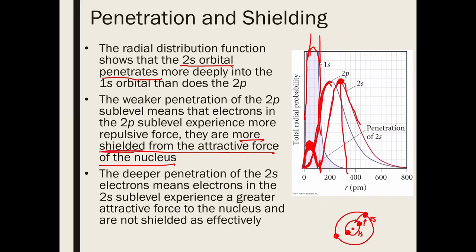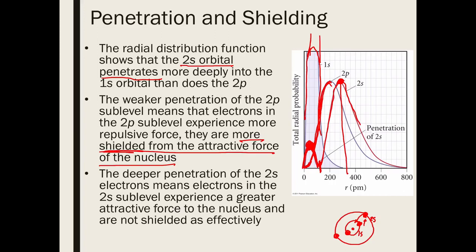These 1s electrons are kind of blocking the 2s electrons from experiencing the full attraction to the nucleus. If these 1s electrons weren't there, the 2s electrons would be better able to be attracted to the nucleus. But since we have those 1s electrons in the way, they are slightly repelling these 2s electrons and therefore shielding the 2s electrons from the protons in the middle.